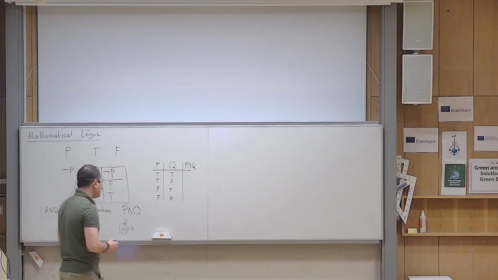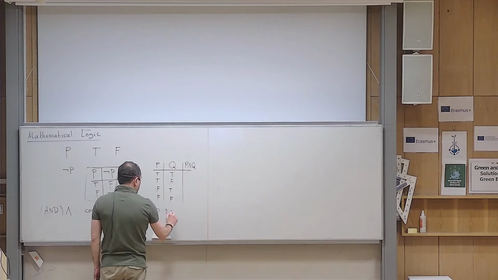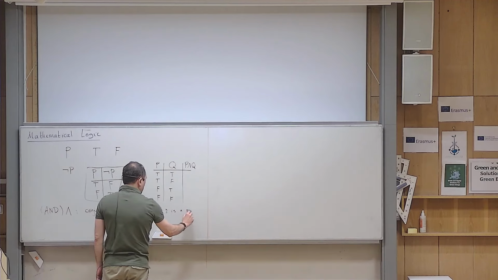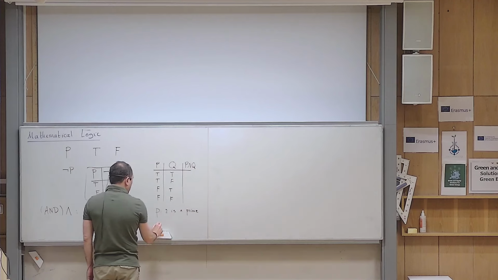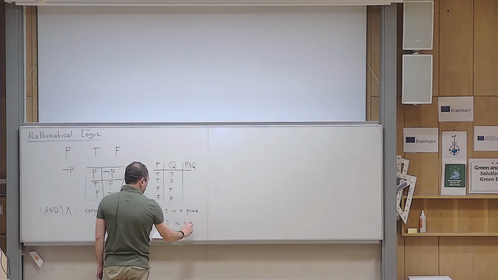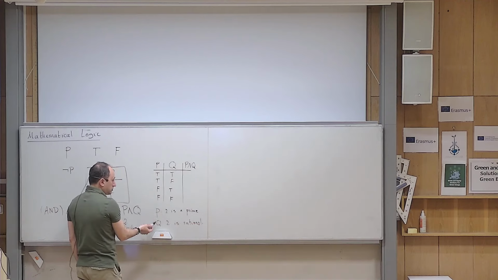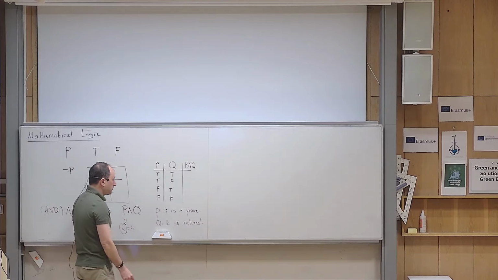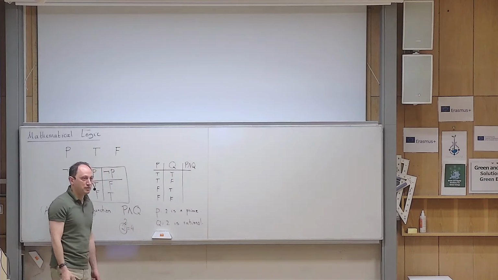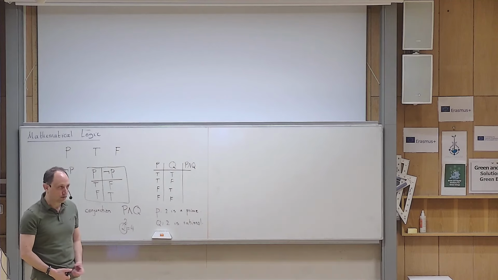So for example, let me say that P is "2 is a prime", and Q is "2 is rational". Let me ask you, what about the truth value of the first one? True. The second one? True. So if I say 2 is both prime and rational, what do you think about my compound sentence? Is it true or false? It's true.